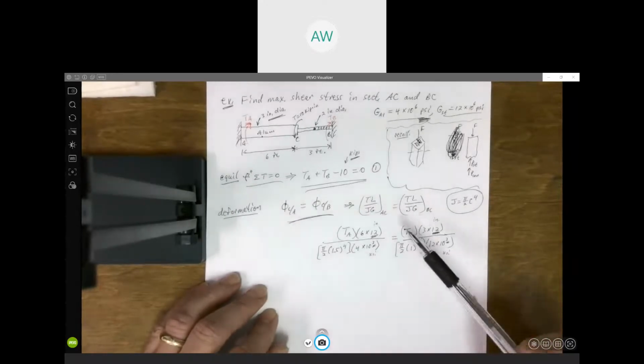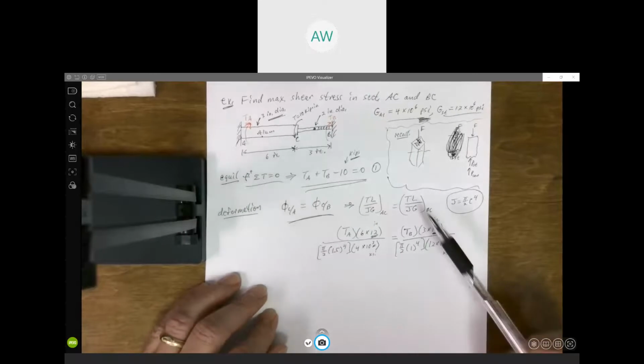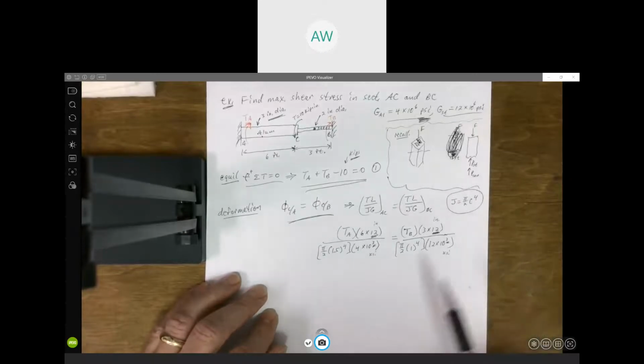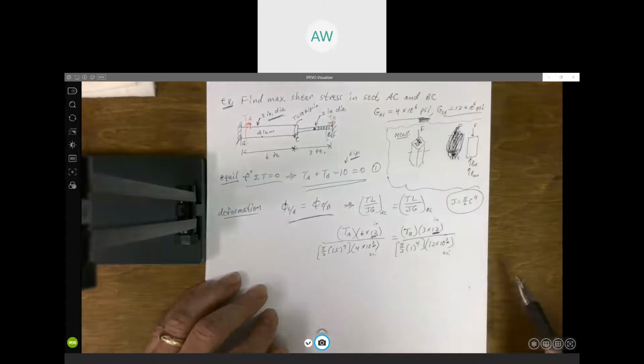It doesn't work. This formula, TL over JG, is only valid for a circular cross-section. If it's not circular, it doesn't work. It's a totally different analysis that you'd have to do. That's why we don't do anything non-circular in mechanics of materials.